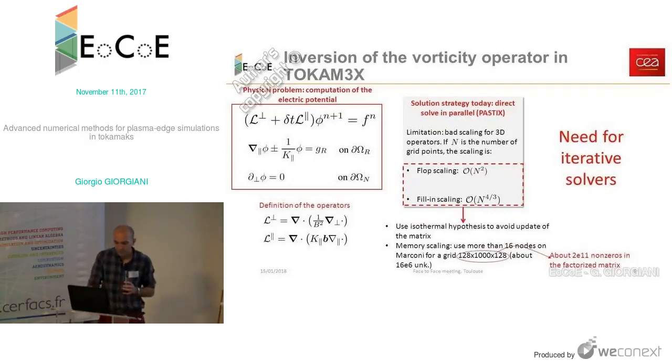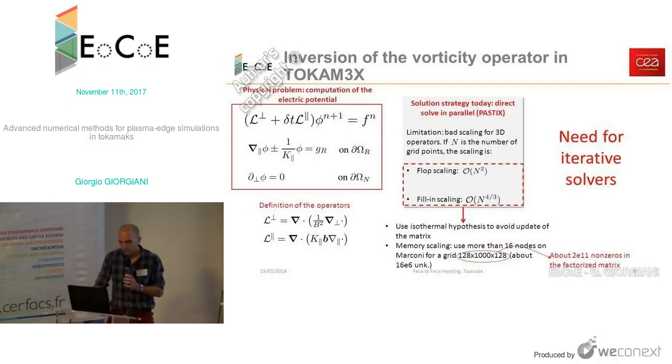The problem in using this kind of approach is that the scaling with the number of grid points is very bad. In particular, the flop scaling is n squared, and the fill-in scaling of the factorized matrix is n to the power 4/3.